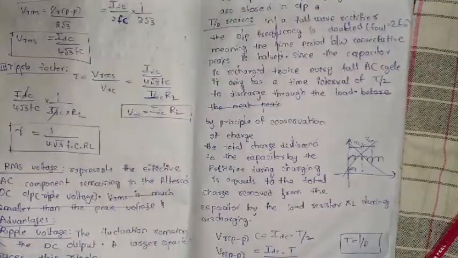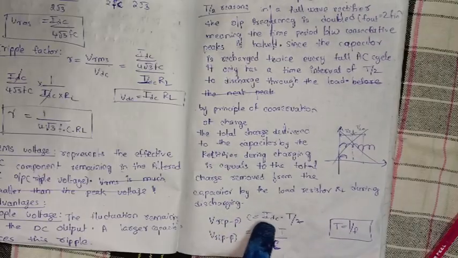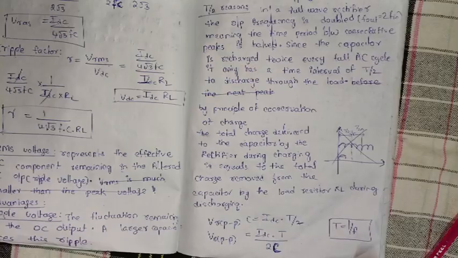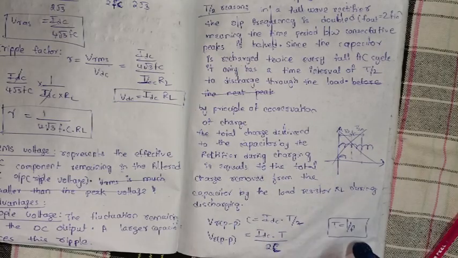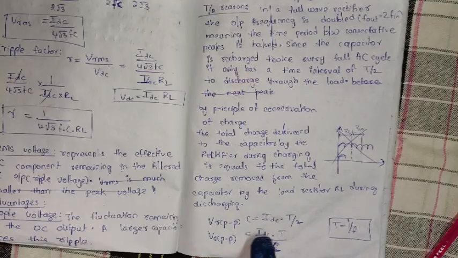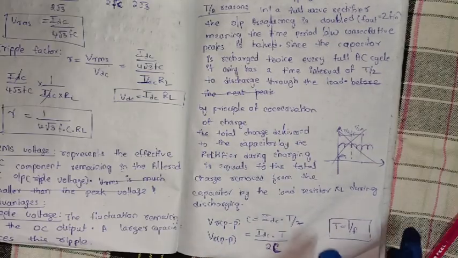So we get VR peak to peak into C is equal to IDC into T by 2. We know the formula T is equal to 1 by F. Then VR peak to peak is equal to IDC times T by 2C.